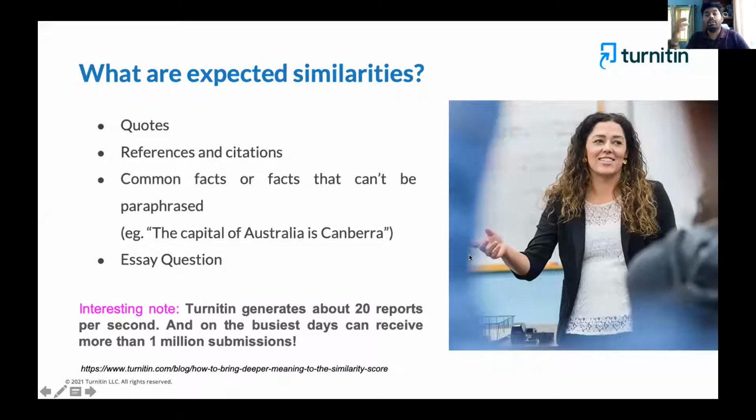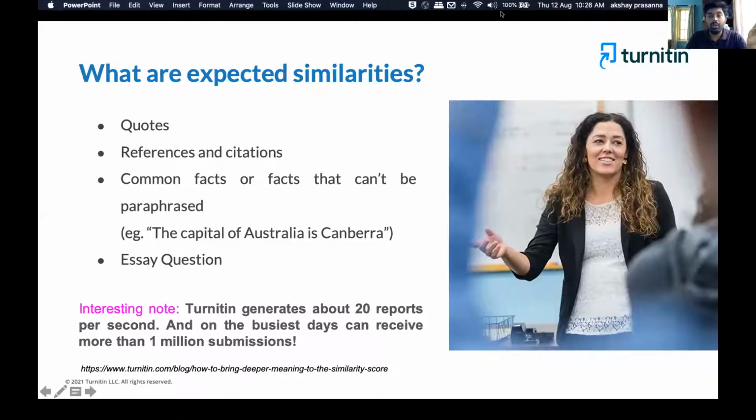So what are the other expected similarities in Turnitin that you might find? One is quoted materials. You can use the filter and reduce it. There are references and citations. References and citations can also be excluded with bibliographic materials exclusion. So how do quoted materials get excluded? Only if you use double quotes.